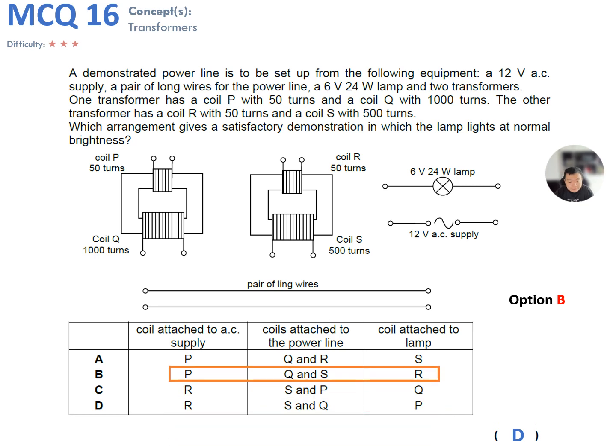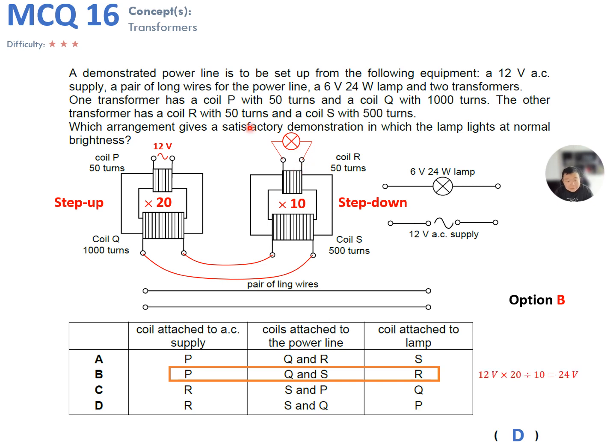Now for option B, this is the connection. The input voltage is again a 12 volts AC supply, so 12 volts here, and 50 to 1000 turns again, multiplied by 20. So this is a step-up transformer. Then we go on to coil S. 500 turns to 50 turns is 10 times lesser, so it's a step-down transformer.